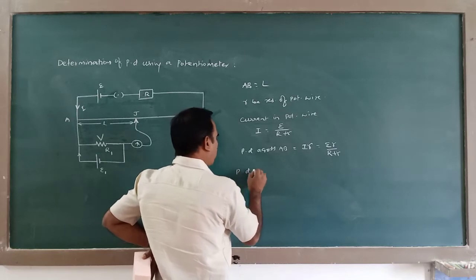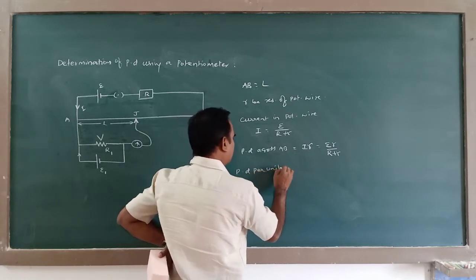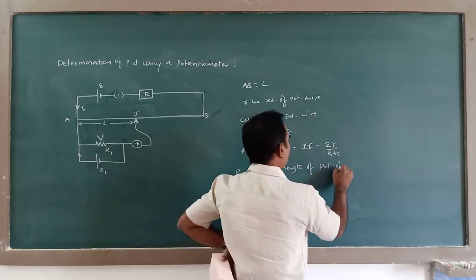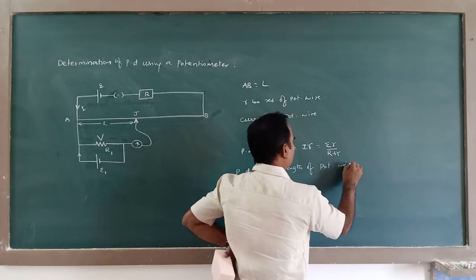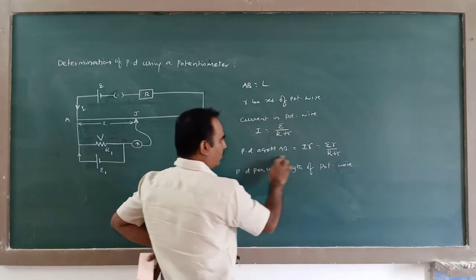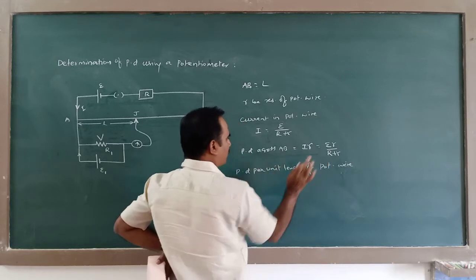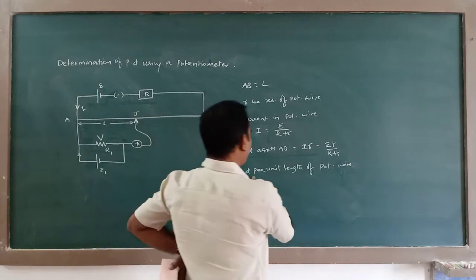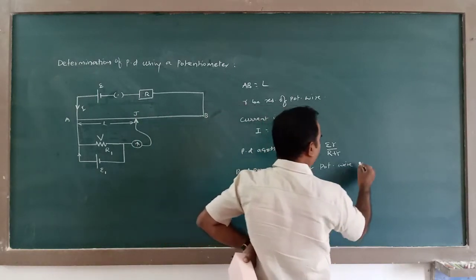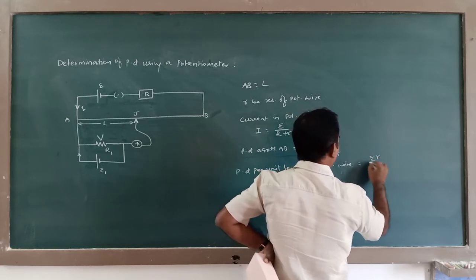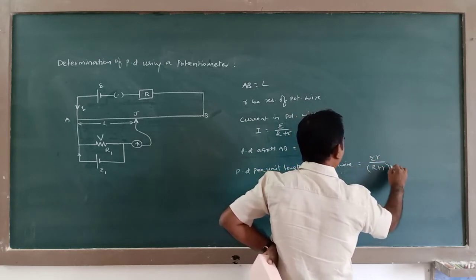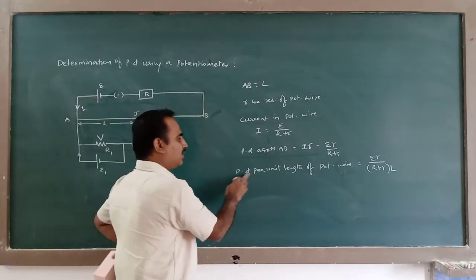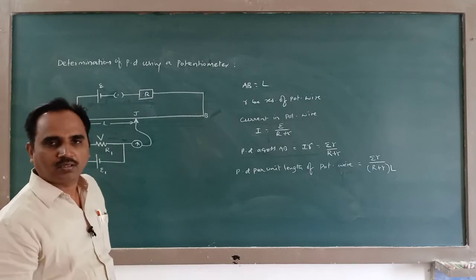Now, the potential difference per unit length of the potentiometer wire. See, this total potential difference is distributed over the entire length of the wire. So the potential difference per unit length of the potentiometer wire is E R divided by R plus R L.